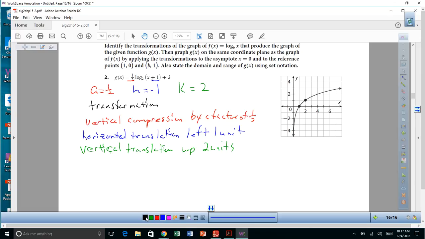So let's take a look. Okay, we had our vertical asymptote, and that's going to be x equals h or x equals -1. So we got one here at -1.